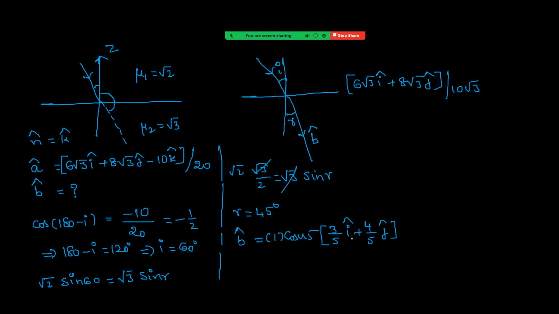This is a unit vector, right, in that plane. So I have taken the component of b cap along this plane. Next, the component of this unit vector along the normal, that is plus 1 into cos 45 into minus k cap, because k cap is upwards, right?